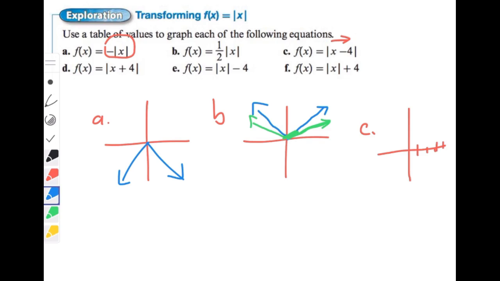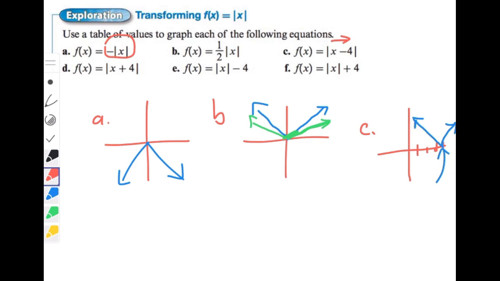I know it's kind of backwards of what you would think. You would think -4 would move it to the left, but it's the opposite. The reason is I have to plug in a +4 in order to get back to 0. So I plug in a 4 so that I have 4 minus 4, and then I get y equals 0. So that's why it moves over to the right.